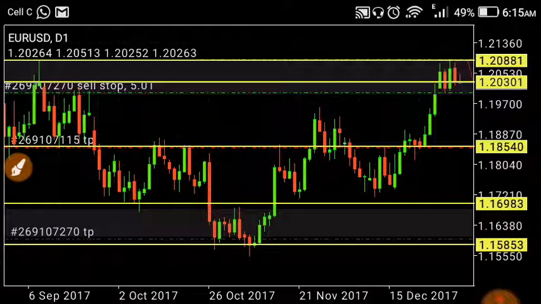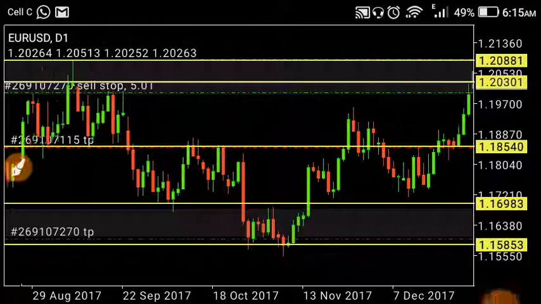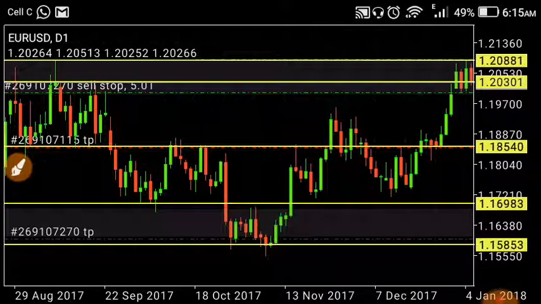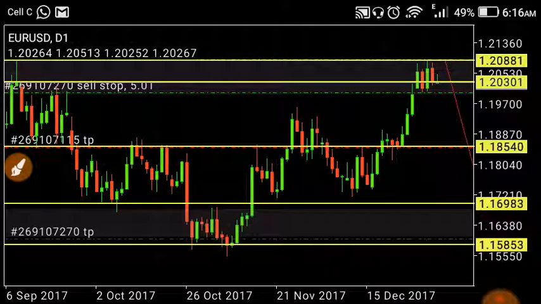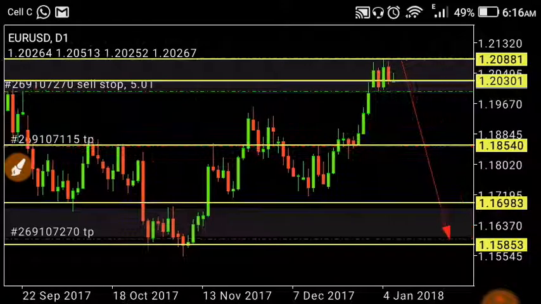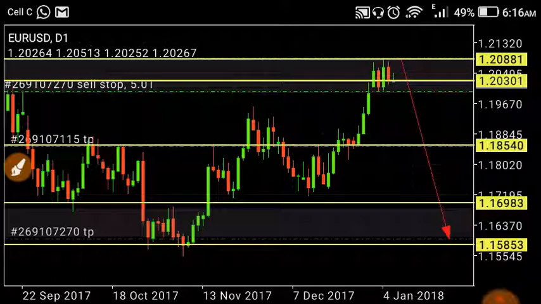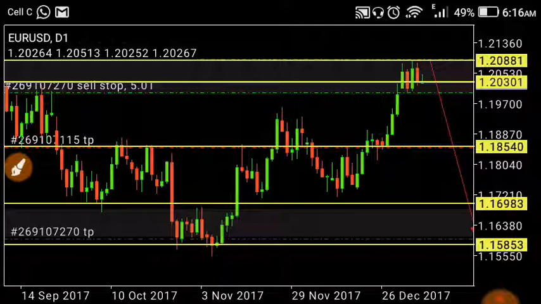So I highly advise that should you be looking for these type of setups, that you go through your charts using your Bollinger Bands and your support and resistance areas, mostly on a daily chart and a weekly chart, or a 4-hour chart, because those are the more prominent time frames to trade this type of strategy, because the market is less volatile, and it paints a clearer picture for you going forward, unlike a 15-minute chart.